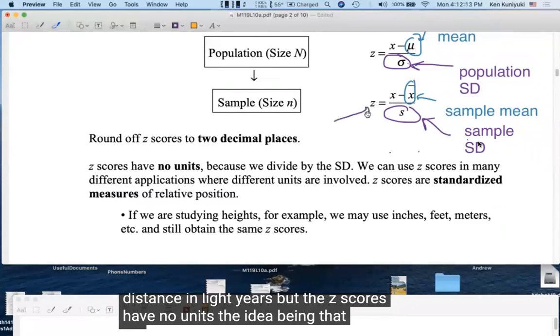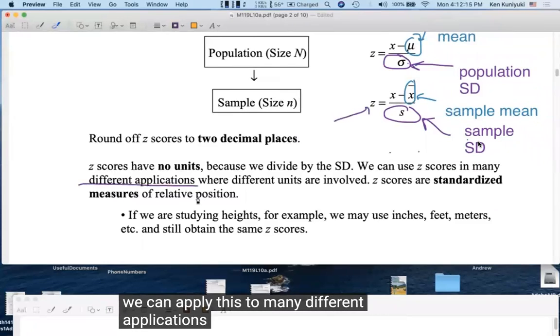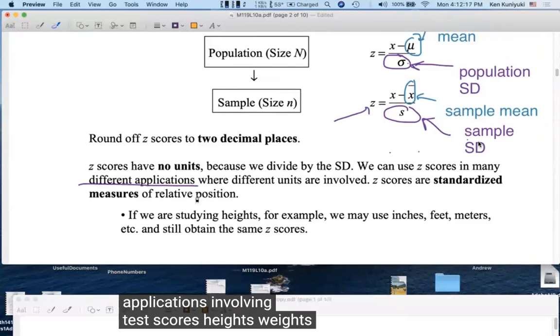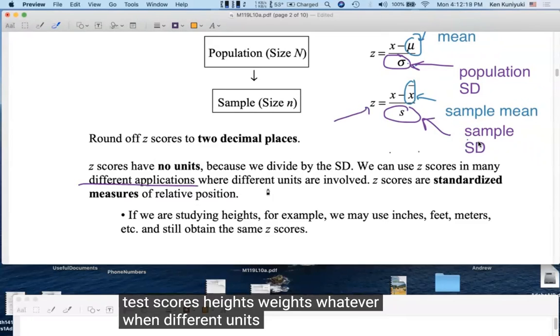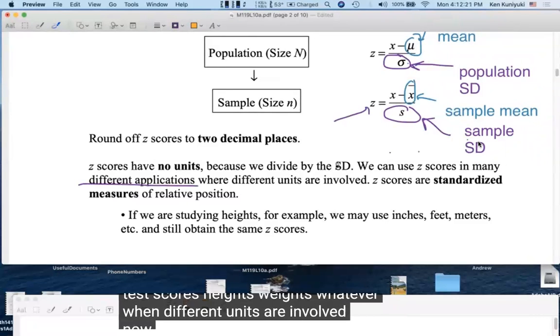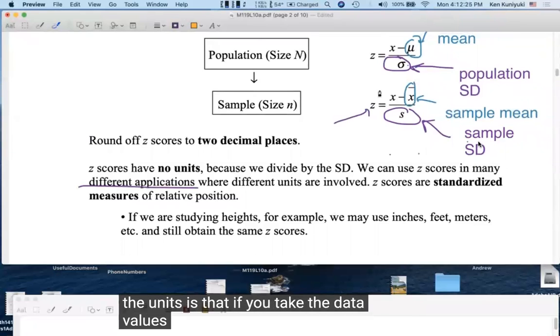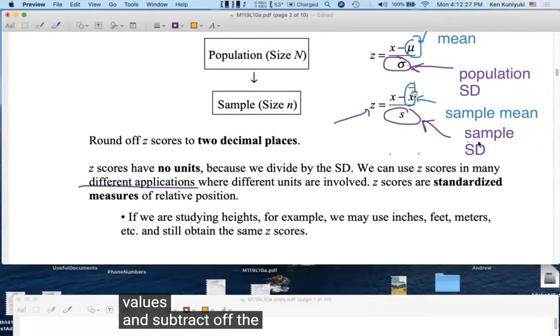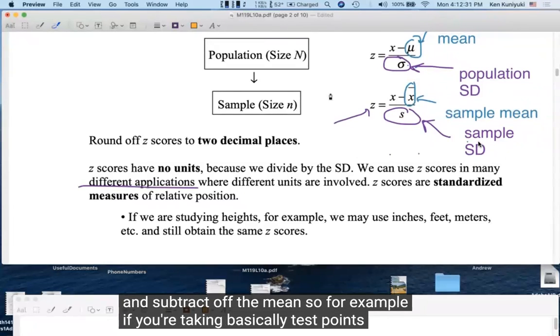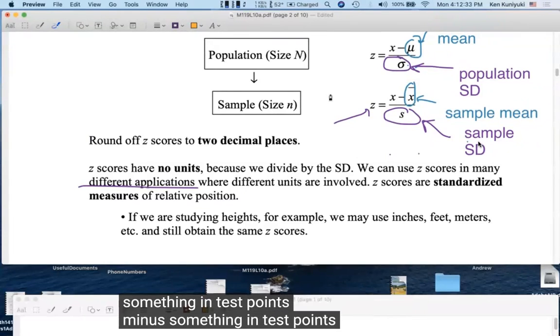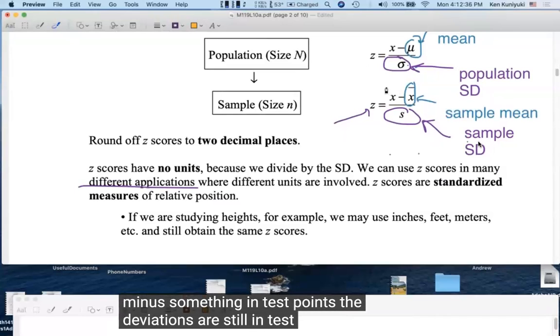The idea being that we can apply this to many different applications involving test scores, heights, weights, whatever, when different units are involved. Now, mathematically, what's happening with the units is that if you take the data values and subtract off the mean, for example test points minus test points, the deviations are still in test points.